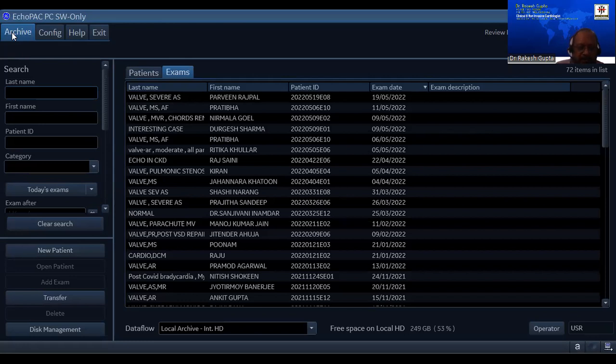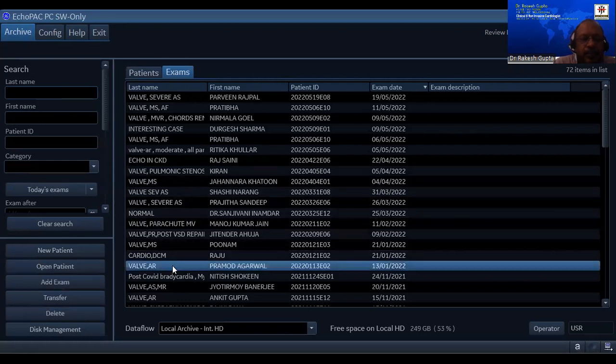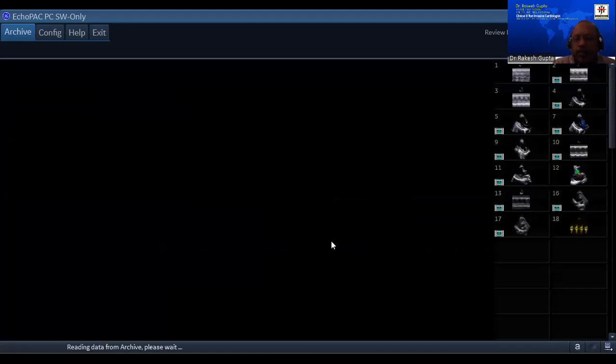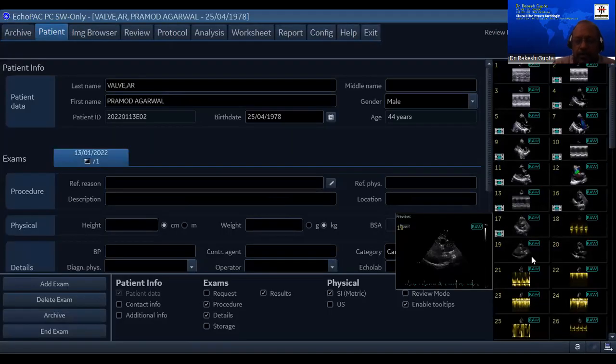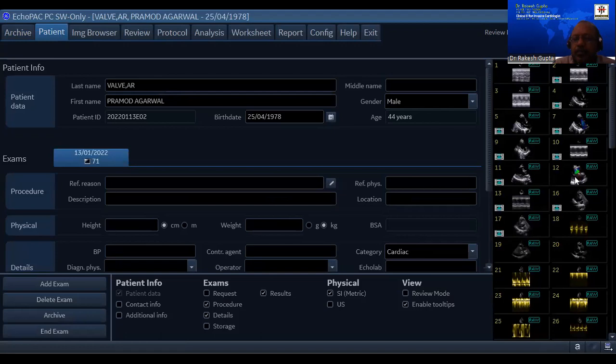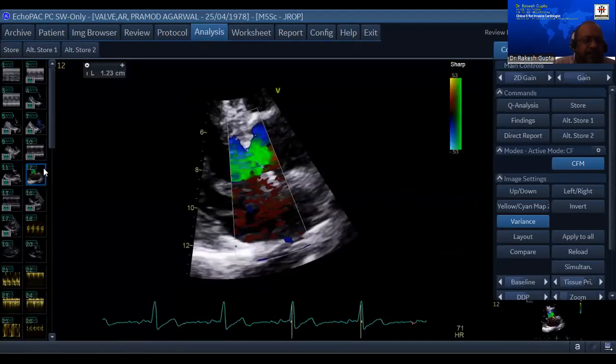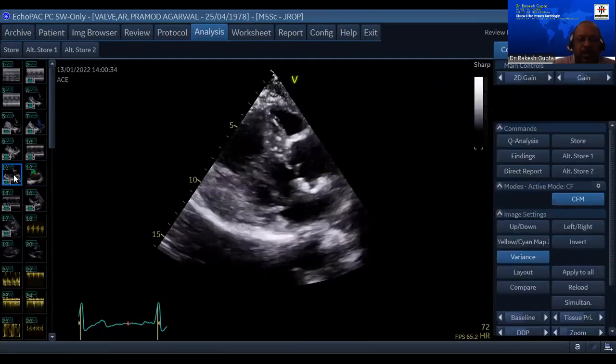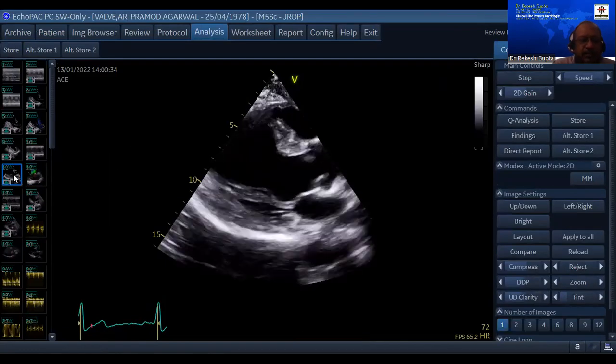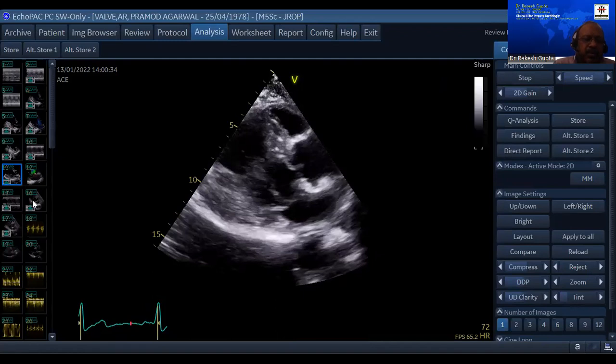Tell me the features of aortic regurgitation. Sir, we have to see whether left ventricle enlargement is there. Okay. And then we have to go to color Doppler in the 5-chamber view.